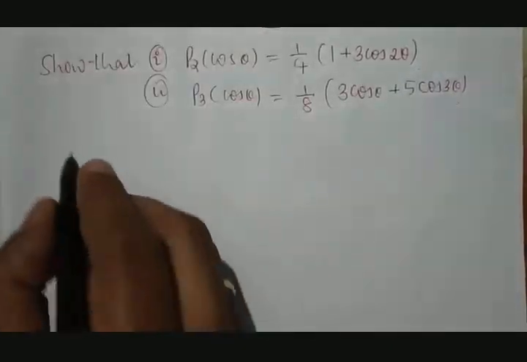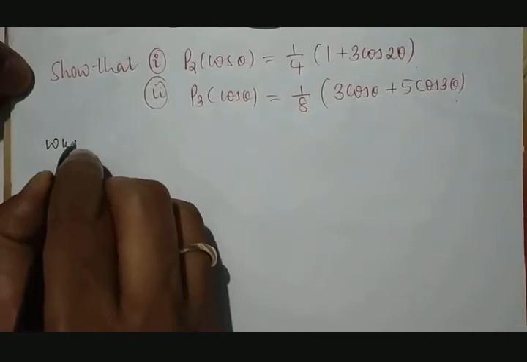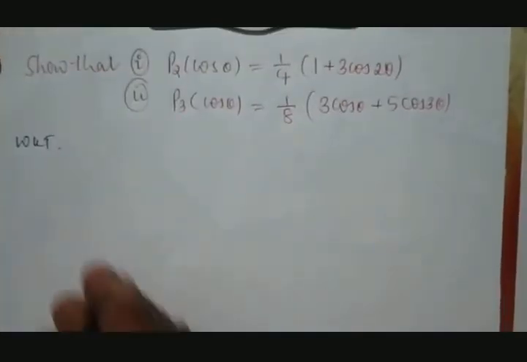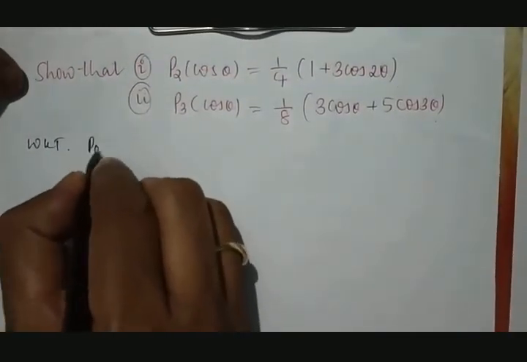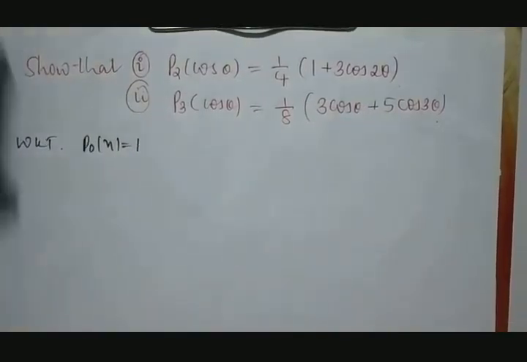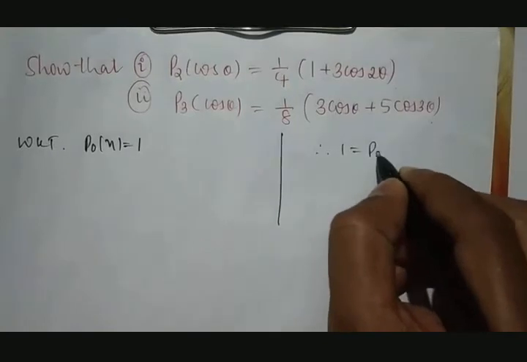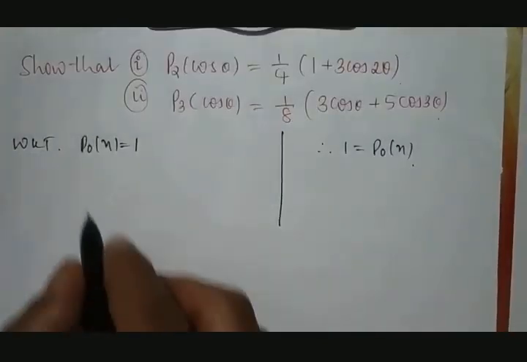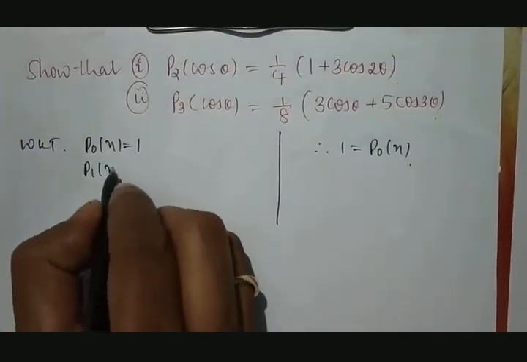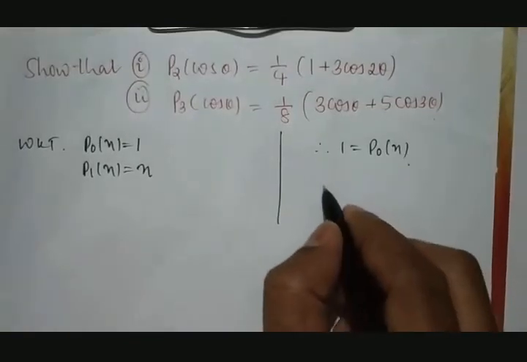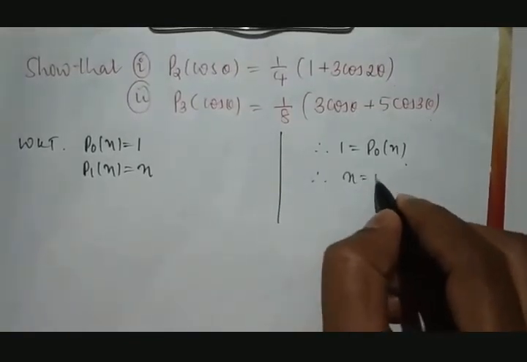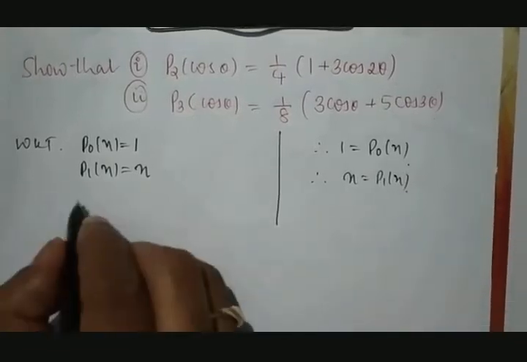Therefore, first I'll write down. We know that P0 of x is equal to 1. Therefore 1 is equal to P0 of x. P1 of x is equal to x. Therefore x is equal to P1 of x.